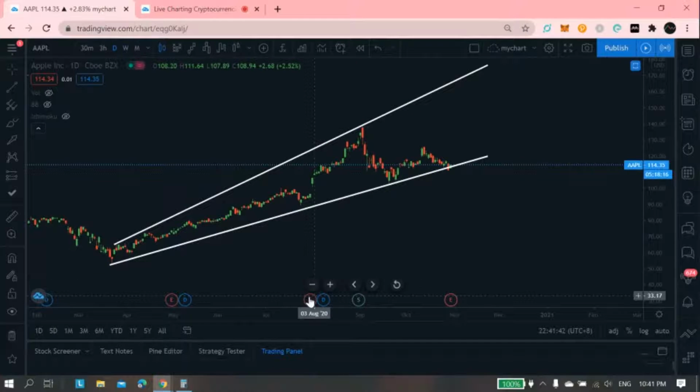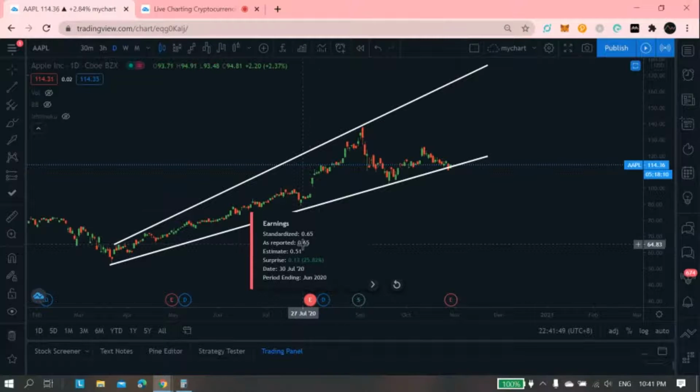And let's look at the previous quarter, because they will release the third quarter tomorrow. So that's actually a surprise up. What had happened on July 30, that's their earnings release. This is July 24. This is July 30.